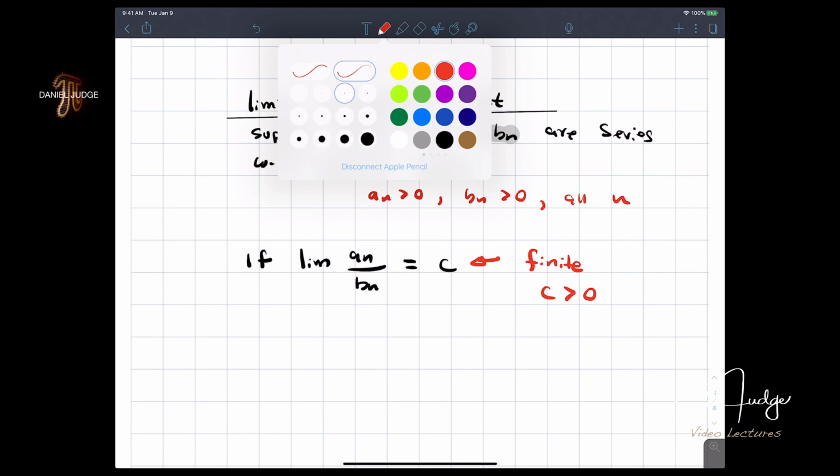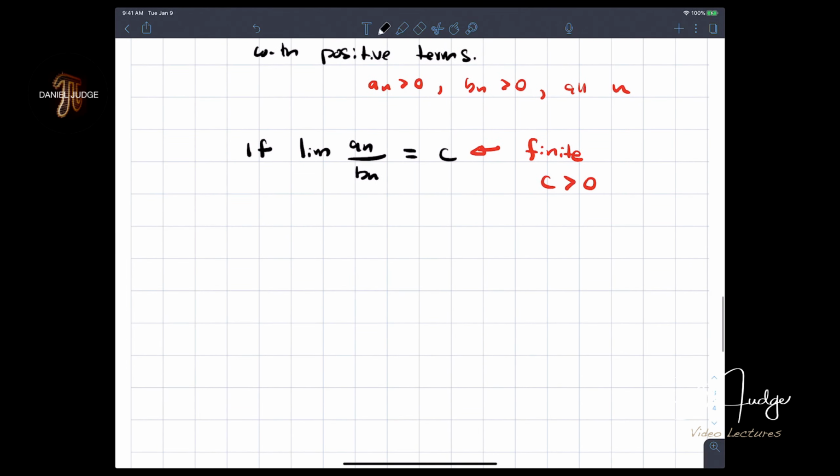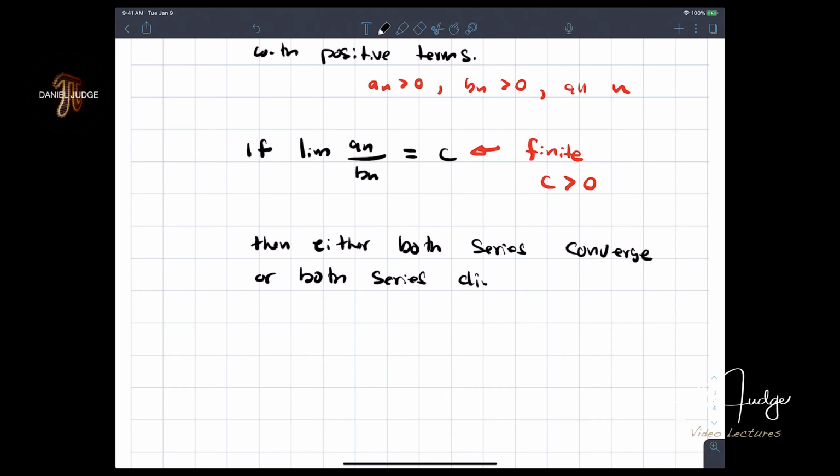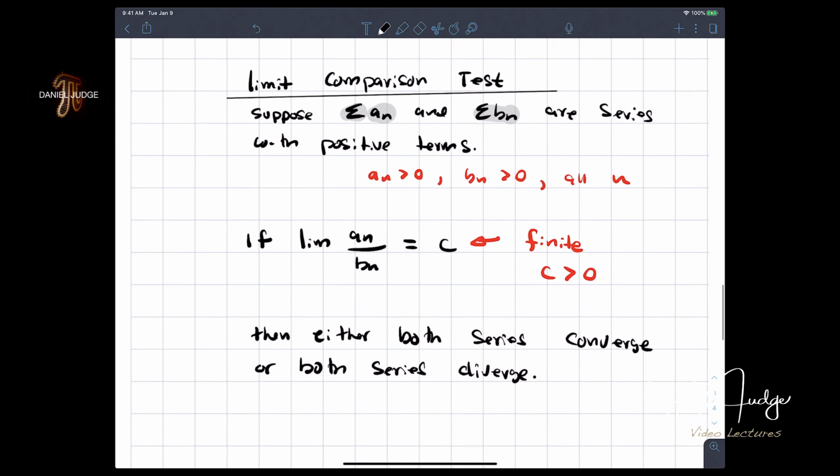If you have this, then we can say the following. Then either both series converge or both series diverge. And this is the limit comparison test.